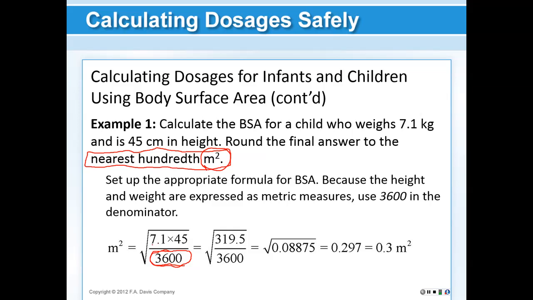So you would just simply take 7.1 times 45 divided by 3600, and you get this number here, and we need to take the square root of that number. Here's the square root of that number, and here again we have the book not following their own instructions. We have identified this needs to be rounded to the nearest 100th. So I want you to look, and what would be counted wrong, and what would we have as our answer to this question?